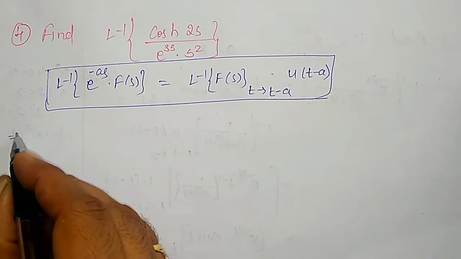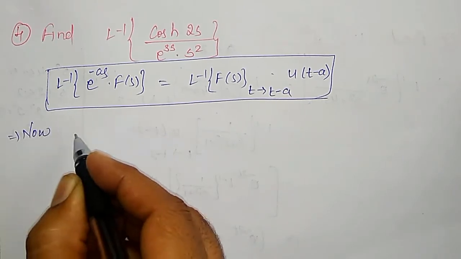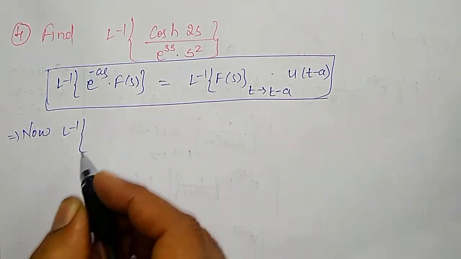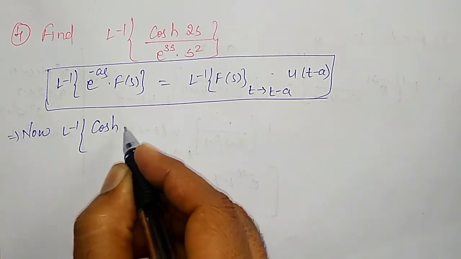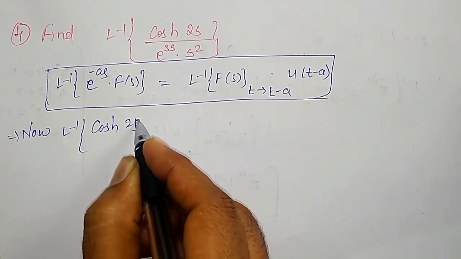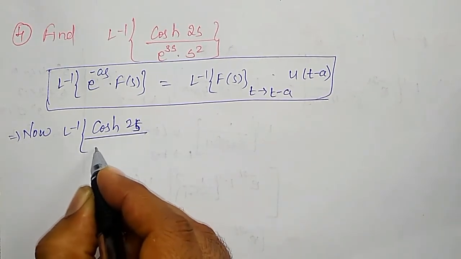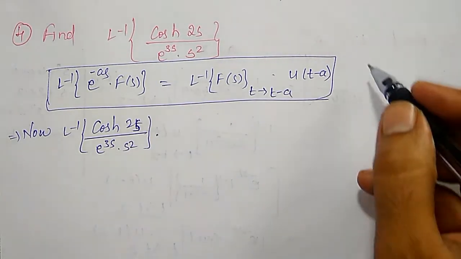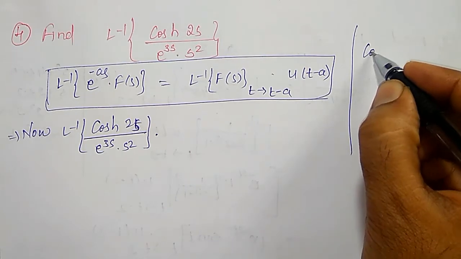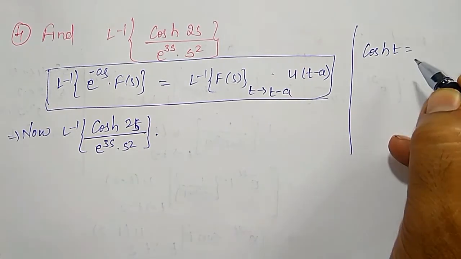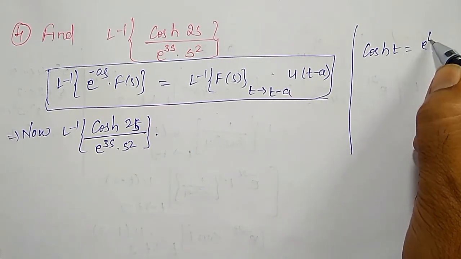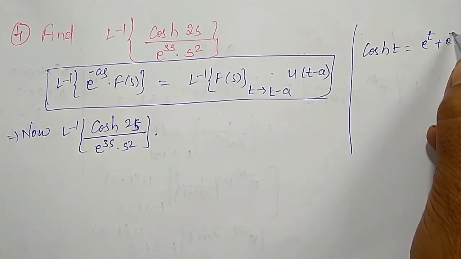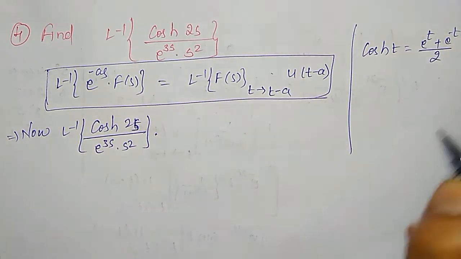Now, inverse Laplace transform of cos hyperbolic 2s divided by e to the power 3s into s square. I will use the definition of cos hyperbolic t. Cos hyperbolic t is e to the power t plus e to the power minus t divided by 2.